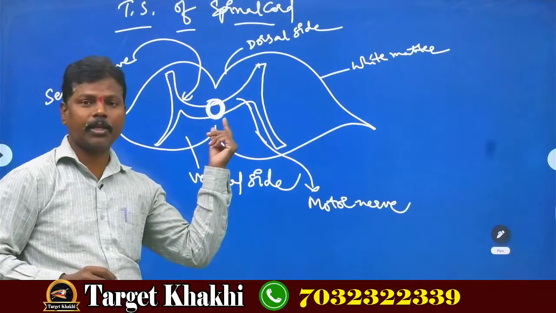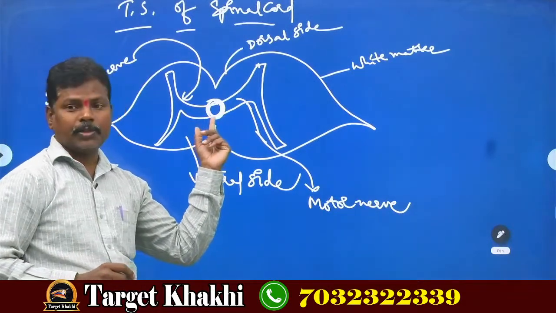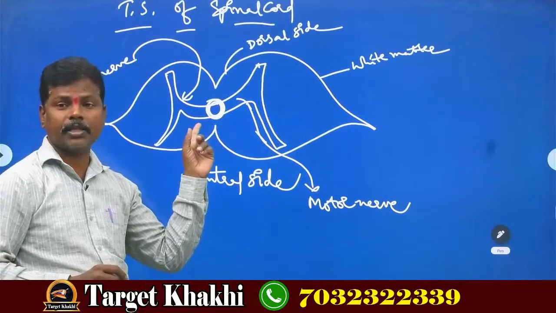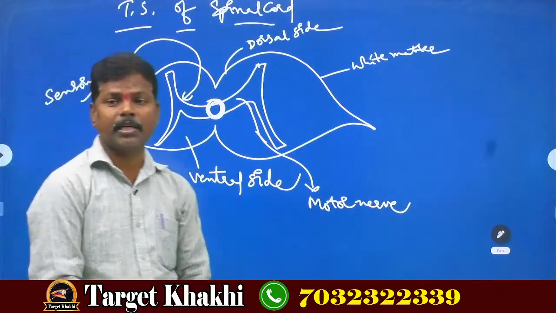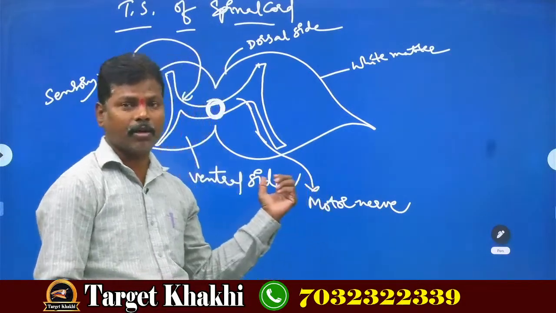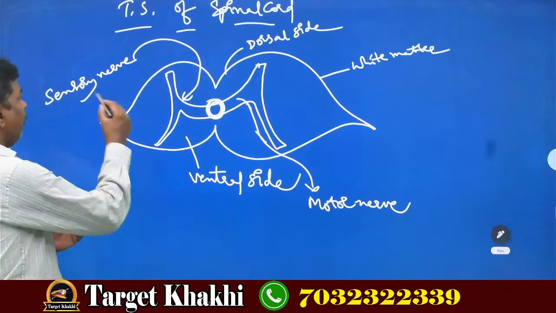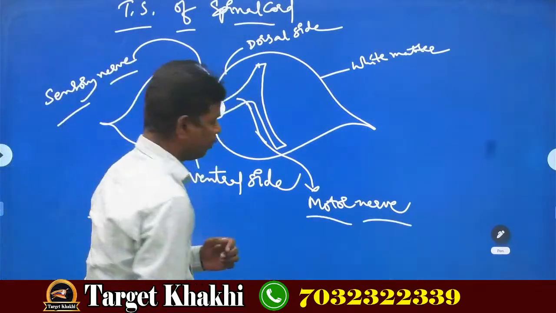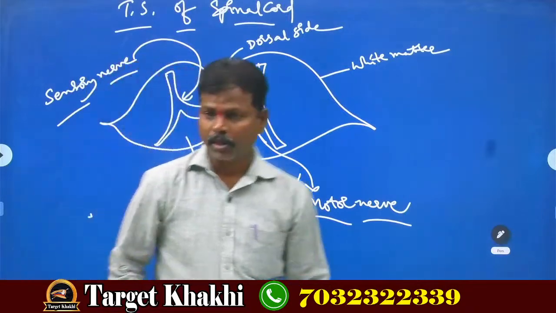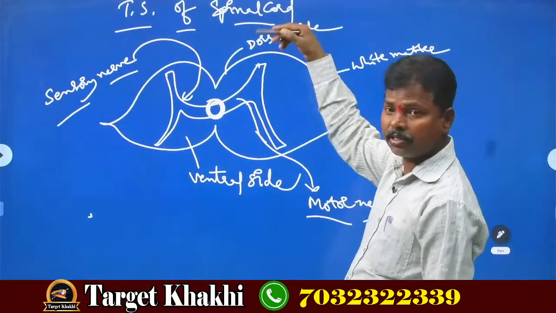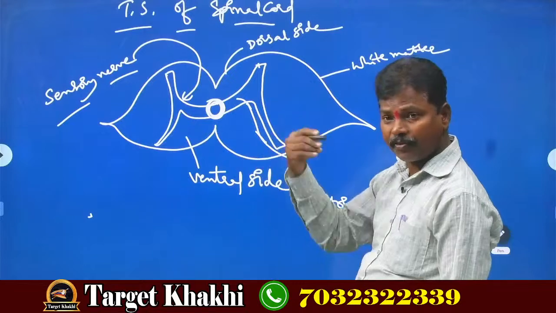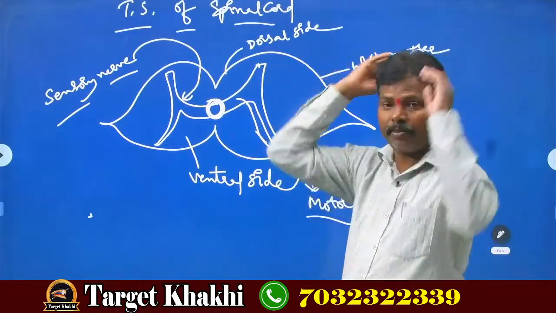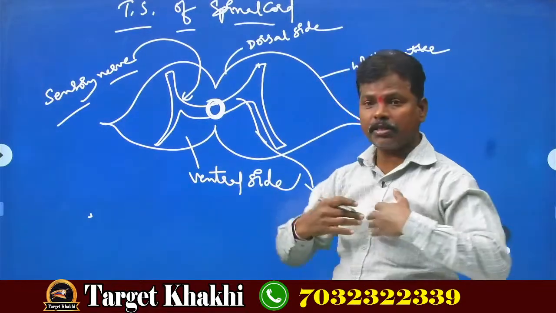I told you already what is this spherical structure which is located at the center. It is nothing but the central canal. So what are these two types of nerves we are seeing now? Dorsal side means back side, ventral side means front side. Dorsal means back, ventral means front.